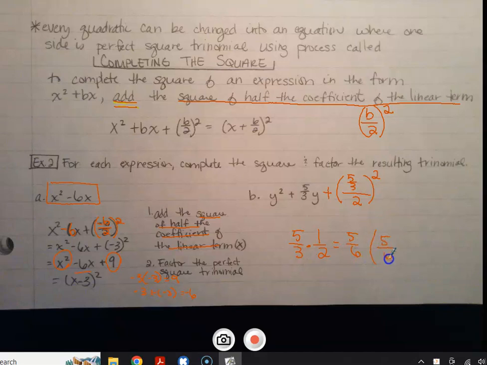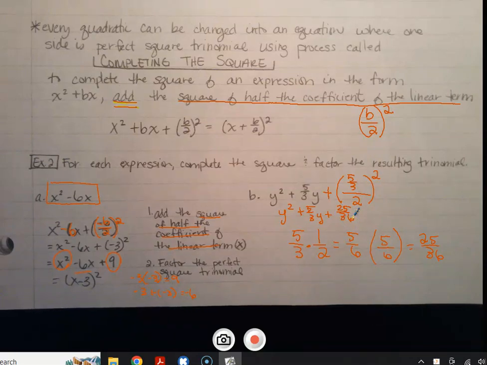That's 25/36. You got it. So we'd have y squared plus 5/3 y plus 25/36.